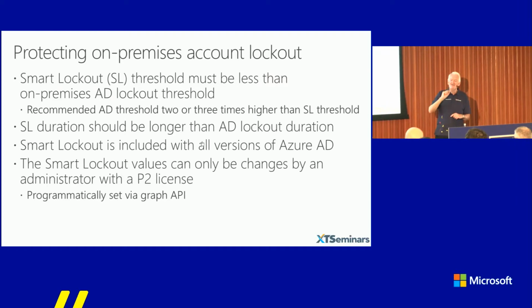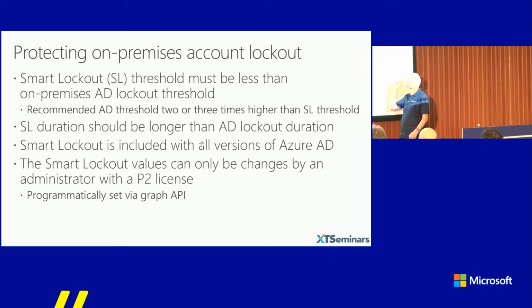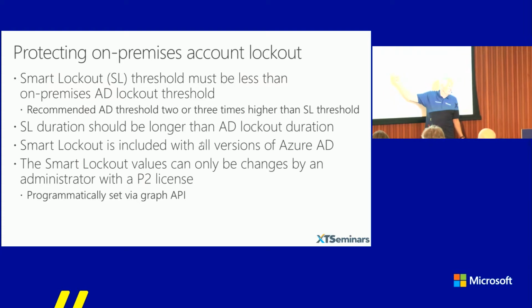However, today, if you want to change the smart lockout time, you need a P2 license. But of course, only one person needs to change that smart lockout time. But to be able to do it, you need to call into the Graph API. The administrator will need a P2 license to be able to do that.